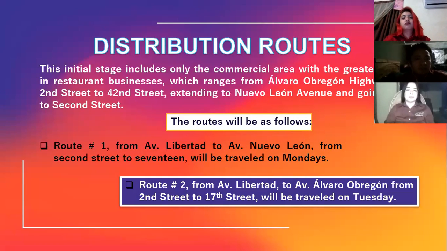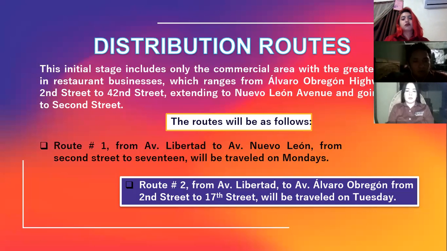Distribution routes. The initial stage includes only the commercial area with the greatest boom in the restaurant business. We range from Álvaro Obregón Highway and 2nd Street to 42nd Street, extending to Nuevo León Avenue and going down to 2nd Street. The routes are as follows.